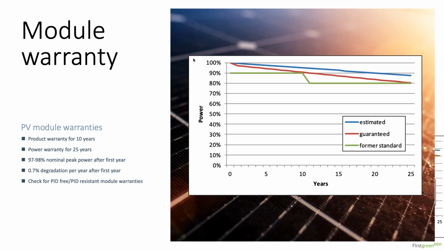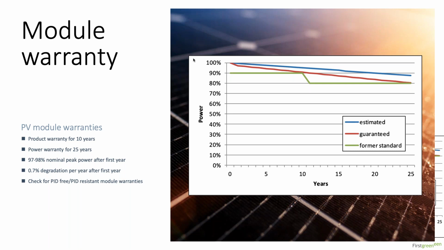So at times people ask me what is PID. PID is nothing but the module being subjected to large voltages. If one string is having about 600 to 800 volts, and if such a high voltage is applied on two sides of the string, then it is natural that some electrons may bypass or leak away.